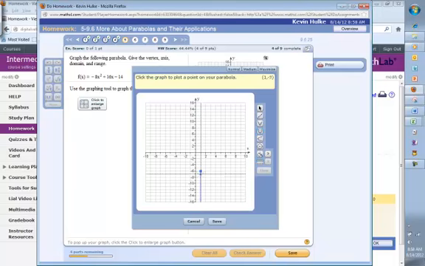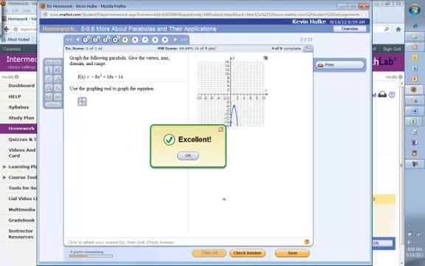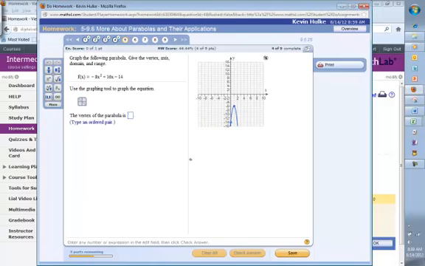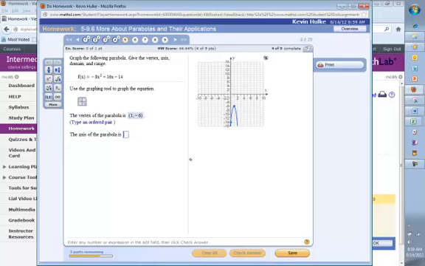Opening down, and when you go over 1 or back 1, you go down 8. Next one. Oh, the vertex will be at 1, -6. The axis is x equals 1.